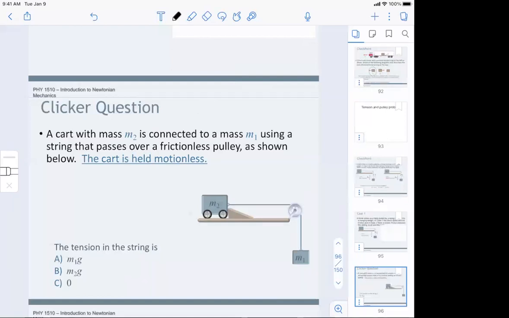While people are voting, I see a question from the chat. Is the test curved? I want to say that individual tests are not curved, but the final grade might be curved. Once I get the final grade distribution, 10% from this, 20% from that, 20% from the test, and I put everything together, then I do my curving, not on the individual test.